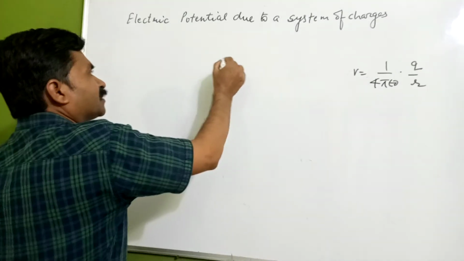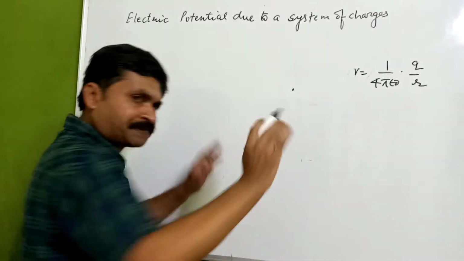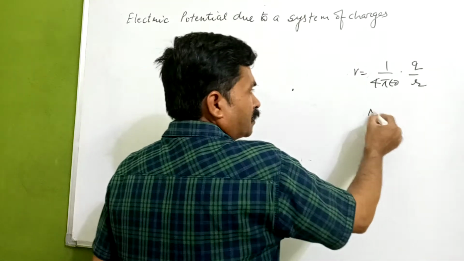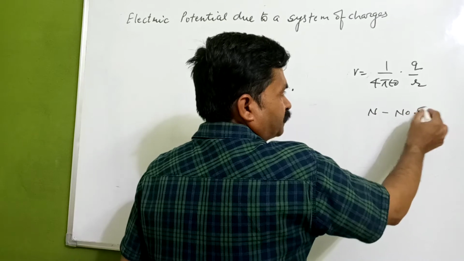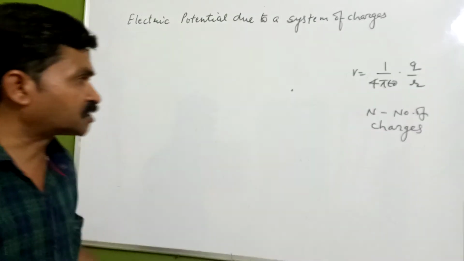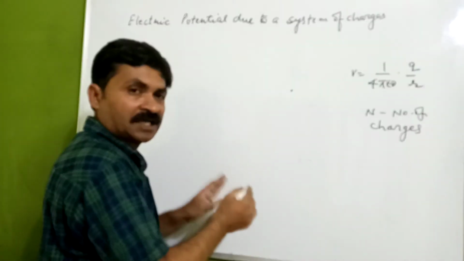So if we have n number of charges, a system of charges, instead of taking n, I am going to take 3 or 4 charges.